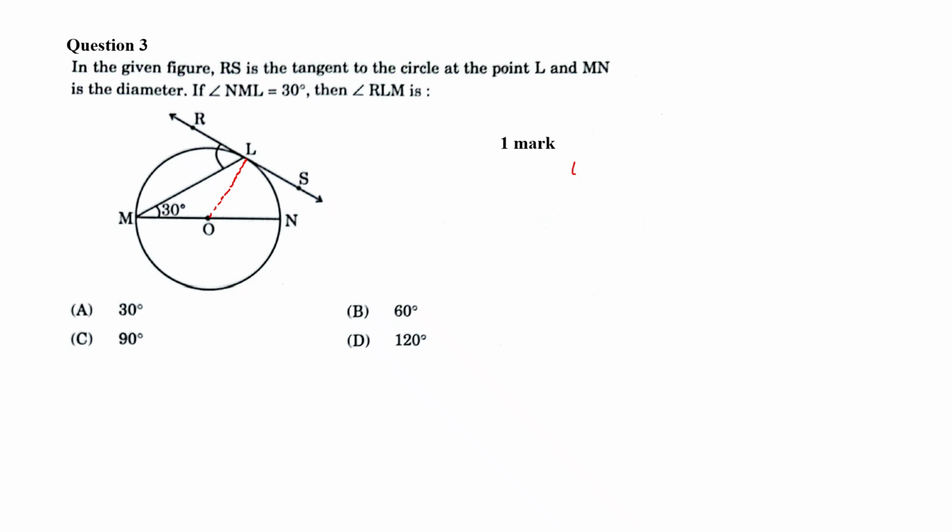So OM is equal to OL because both are radii of the circle. If two sides are equal, the angles opposite to the equal sides will also be equal. So angle OML is equal to angle OLM equal to 30 degree.